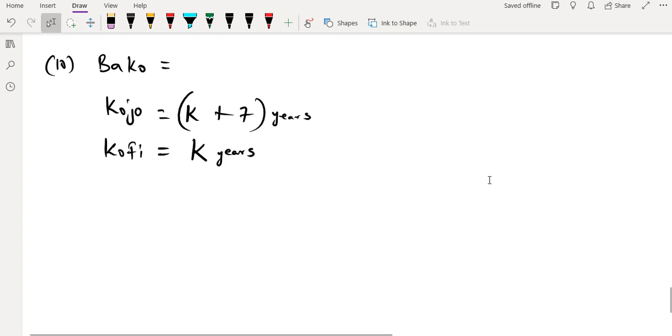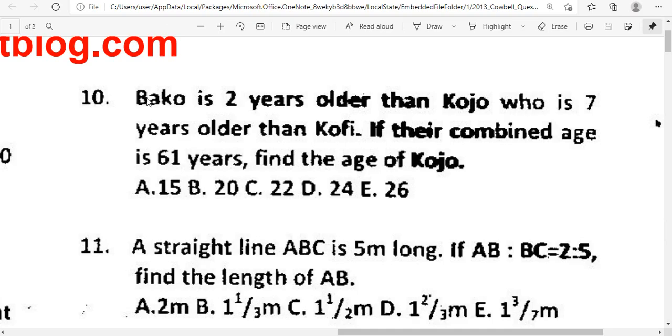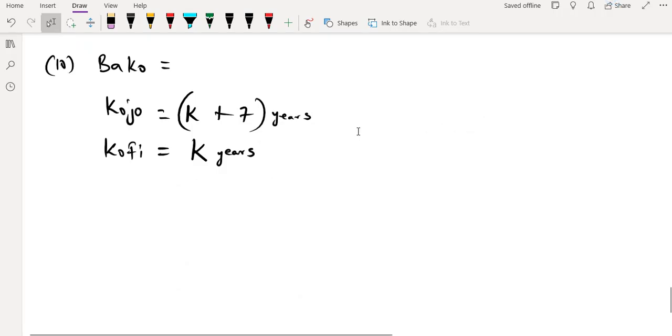No. You didn't read it. Read again. Bako is 2 years older than Kojo. Stop there. You should know what I want. Bako is 2 years older than Kojo. So how old is Bako?